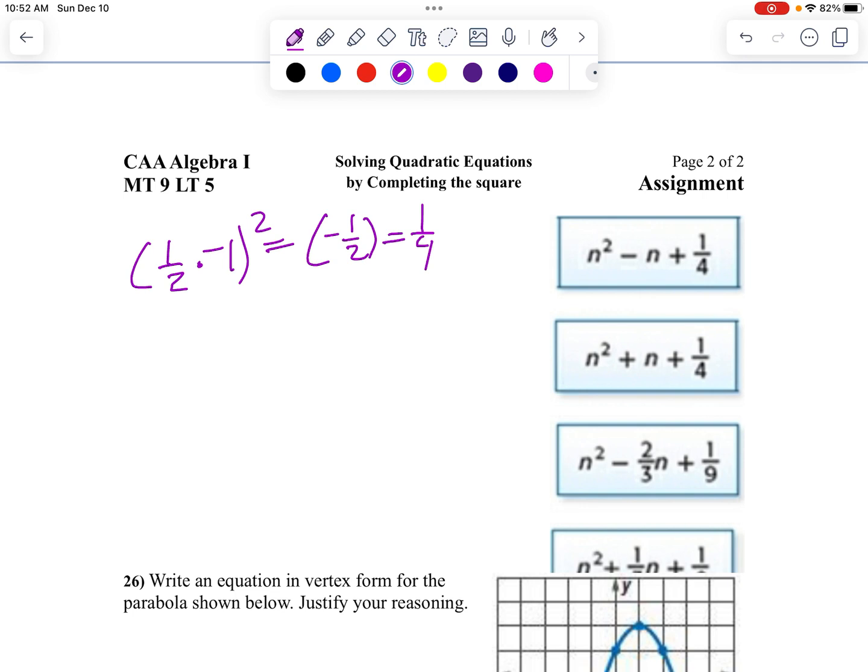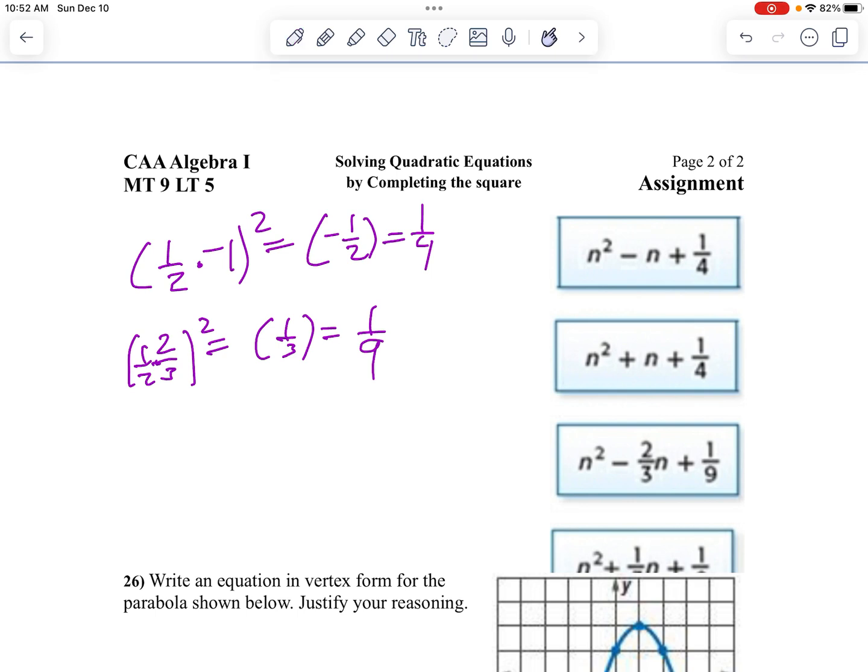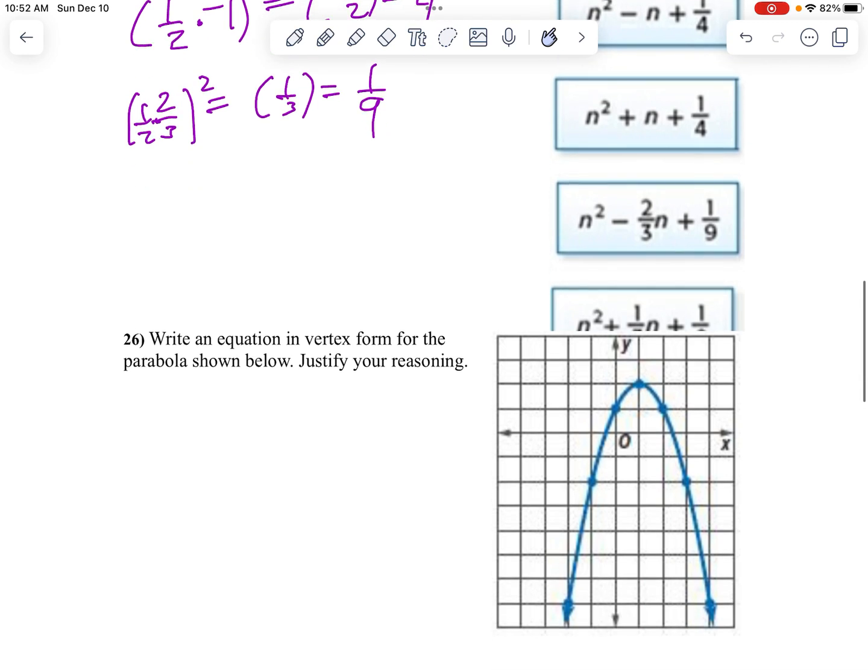So is the second one. If I take half of 2/3 squared, I'll get 1/3 squared, which is 1/9. That's a perfect square. And unfortunately, I covered up the last one here, but it should be my last answer here, because that is not a perfect square.